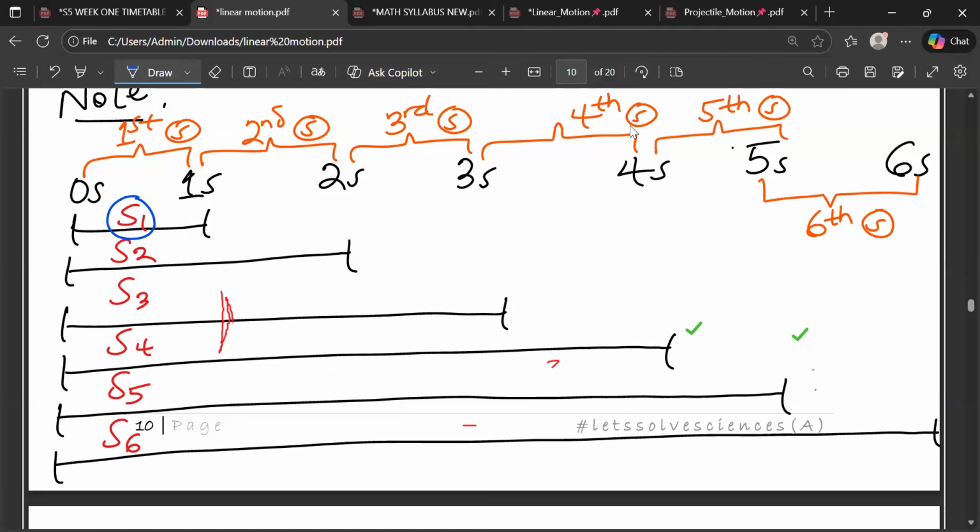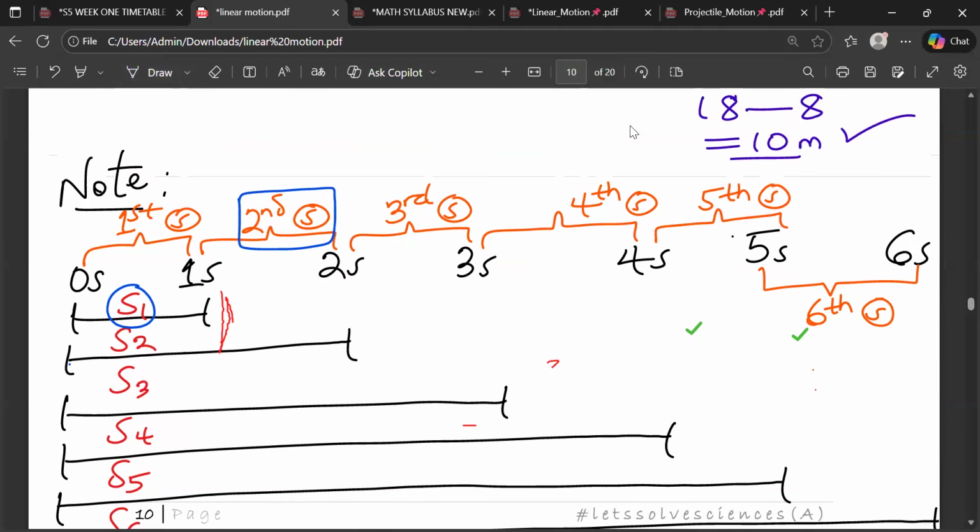But when you want the distance covered within the second second, you're supposed to get the distance covered within 2 seconds minus the distance covered within 1 second.